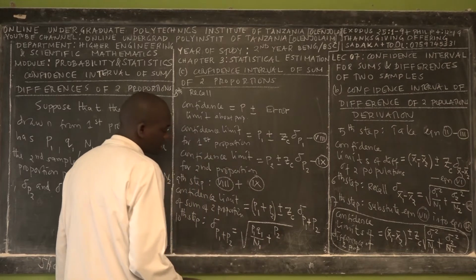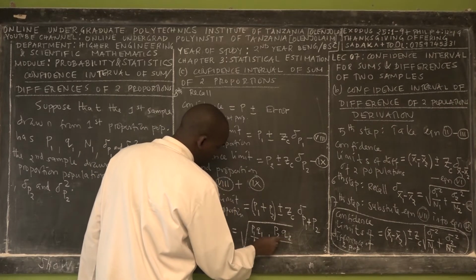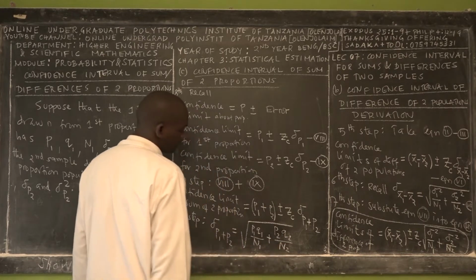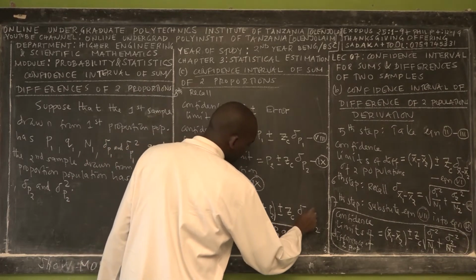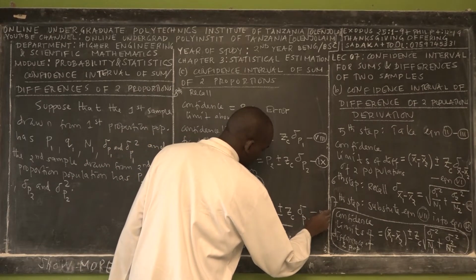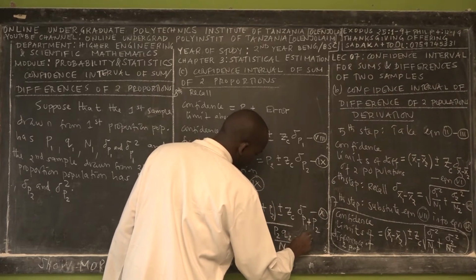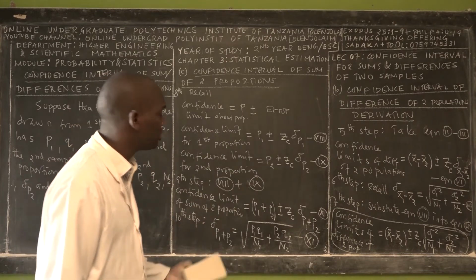Probability of success 2 times probability of failure 2 over sample size 2. So suppose that this is equation 10 and this is equation 11. So take equation 11, substitute in equation 10.